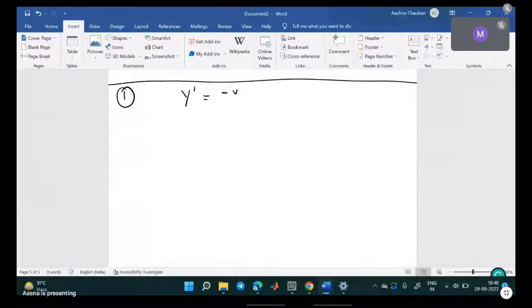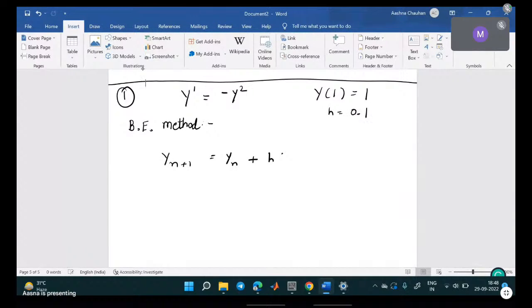y dash is equals to minus of y square and initial condition is given by y1 is equals to 1. We will use the backward Euler method. Okay, and it is yn plus 1 is equals to yn plus h times of f of t n plus 1 comma y of n plus 1, here h is 0.1.